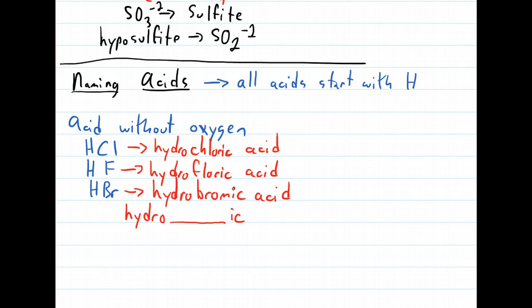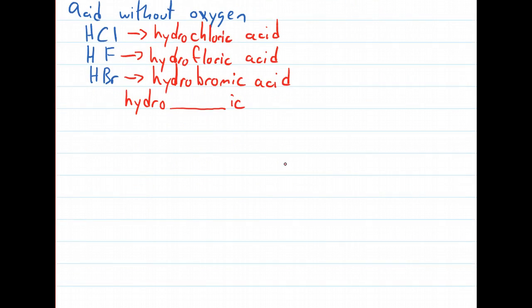Okay, so if it does have an oxygen, it's going to have an oxygen followed by a polyatomic, so the nitrates, nitrites, all that kind of stuff. The prefixes that we just talked about for polyatomics apply directly to the acids as well.